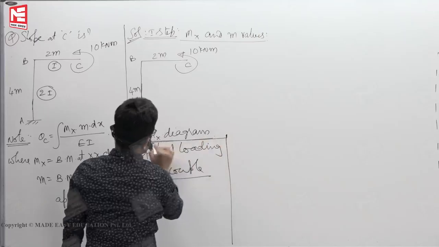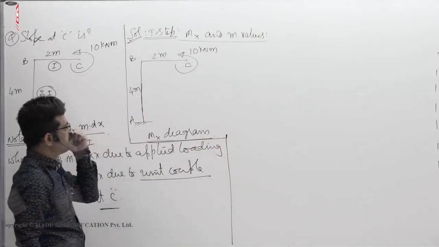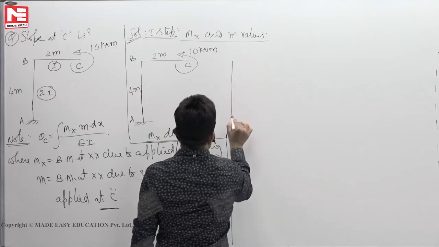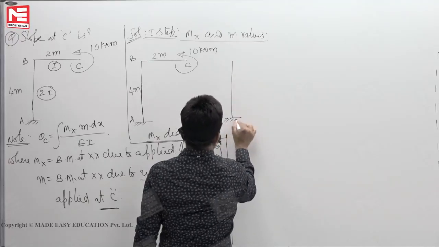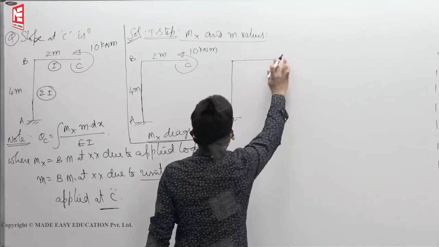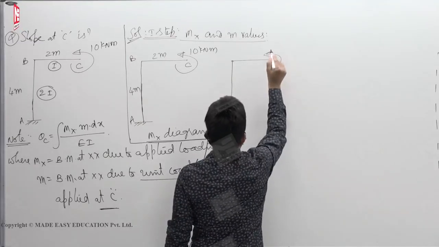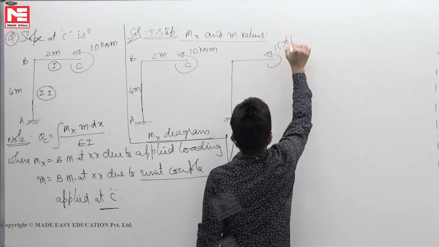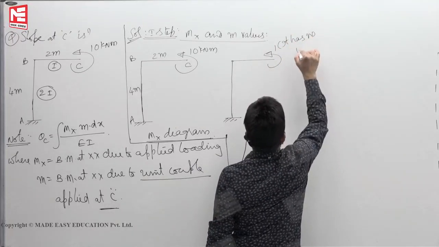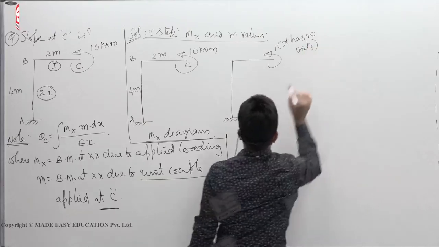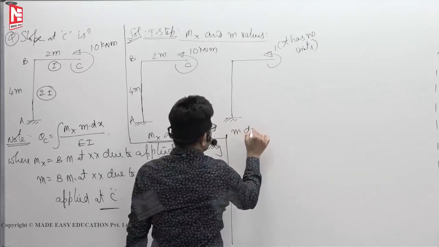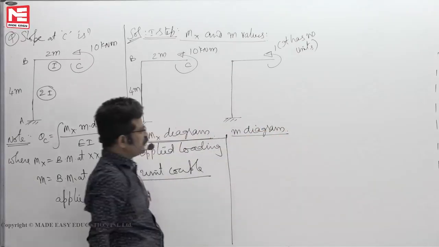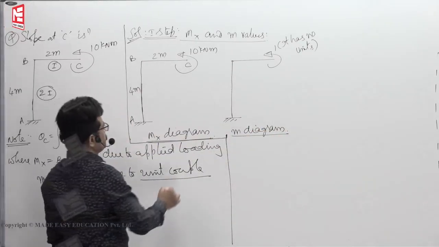Next, due to unit couple, you can apply now 1. That's all, only 1. This one has no units. Due to m alone, this is small m diagram we can write. Mx and m diagram. Okay.